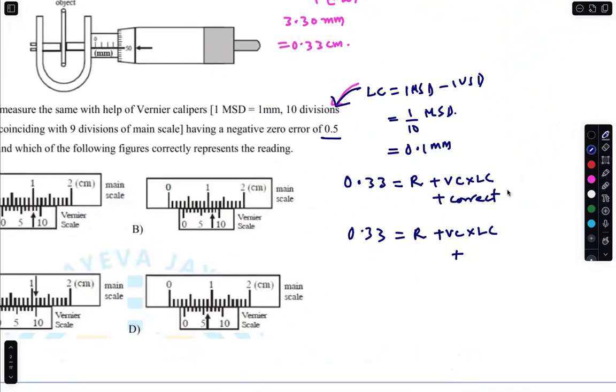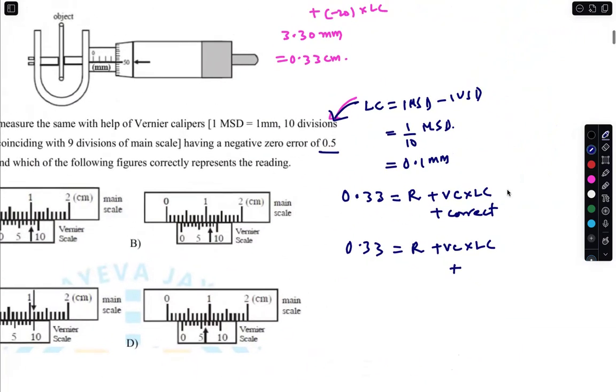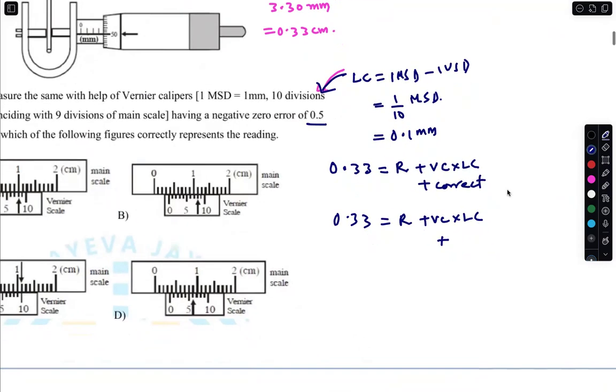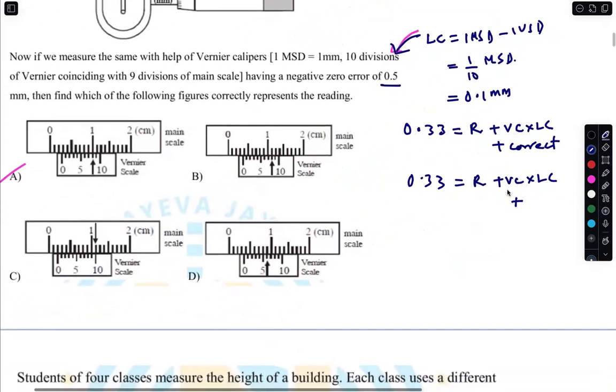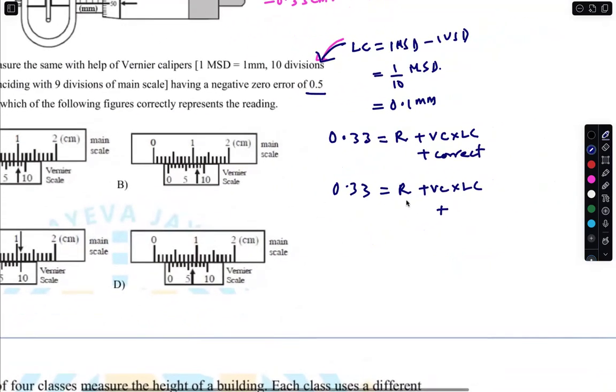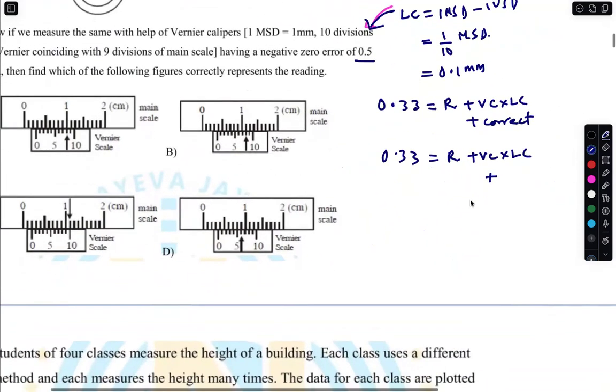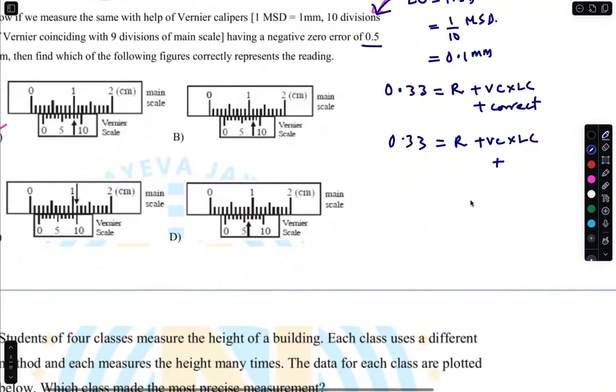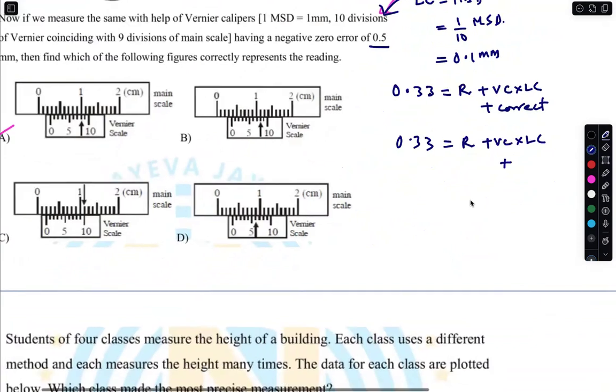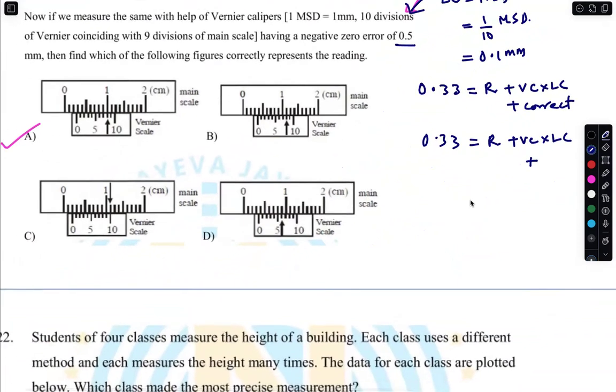This is 3.3 mm or 0.33 centimeter. What is this? This is 0.5 mm, and that too plus error, zero negative error or positive.